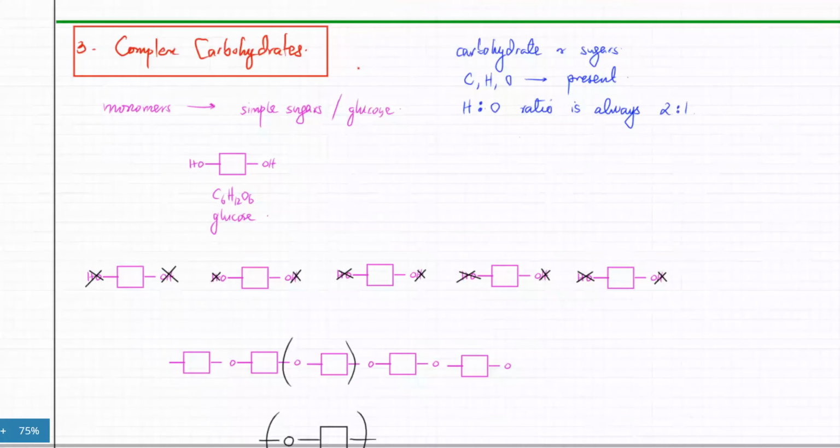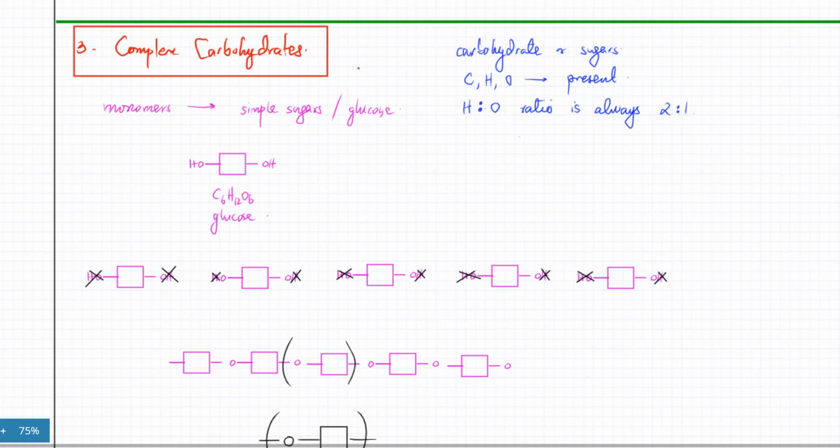So I told you that you have a glucose molecule. Carbohydrates के बारे में मैंने कहा था कि they contain carbon, hydrogen, and oxygen, and the hydrogen and oxygen have a ratio of 2:1. तो वो 2:1 है.